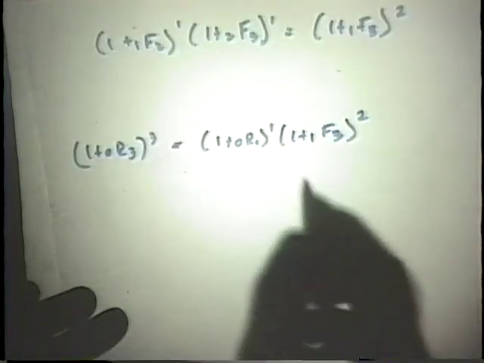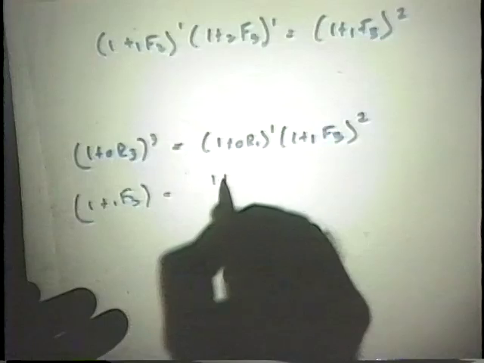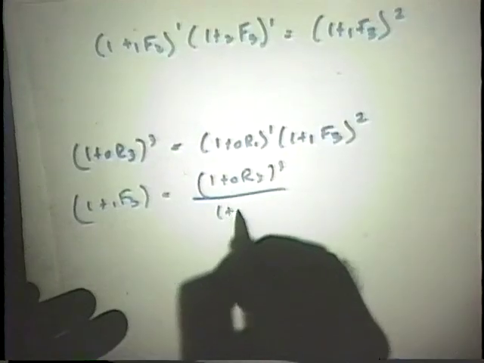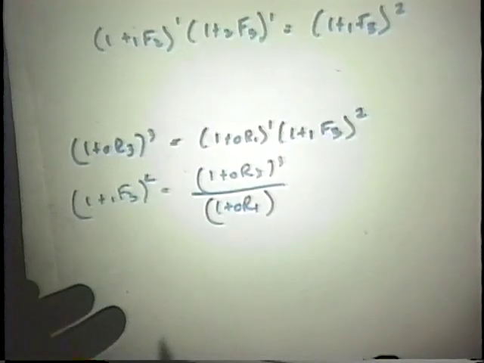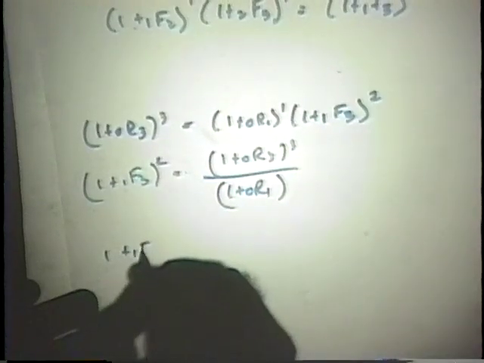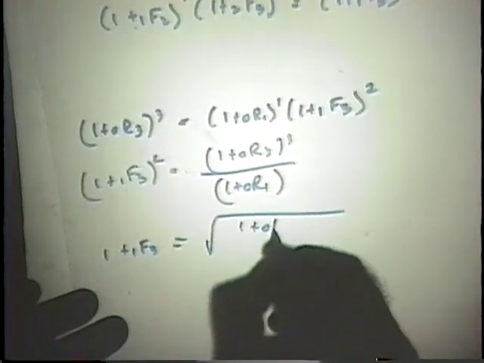And then solve for 1F3. So it's 1 plus 1F3 equals 1 plus 0R3 cubed divided by 1 plus 0R1. And this has got a square on it. Got to get rid of the square. You're right. 1 plus 1F3 equals the square root of this whole thing.